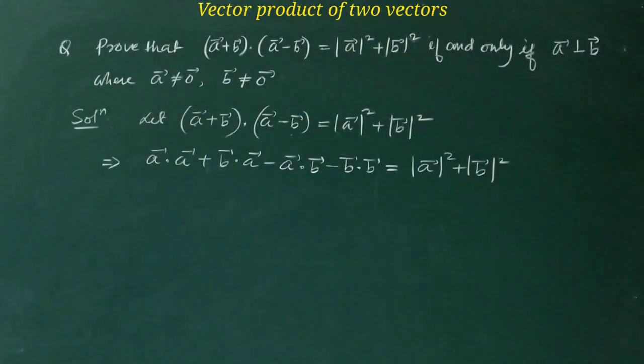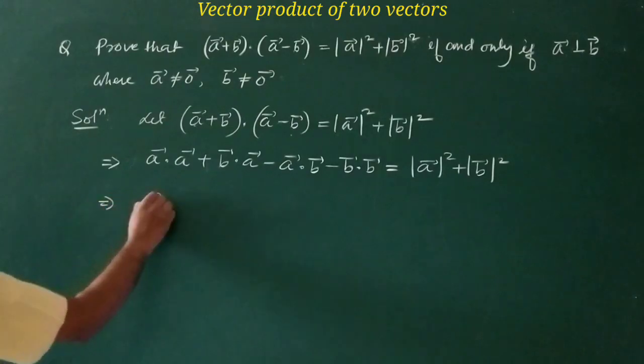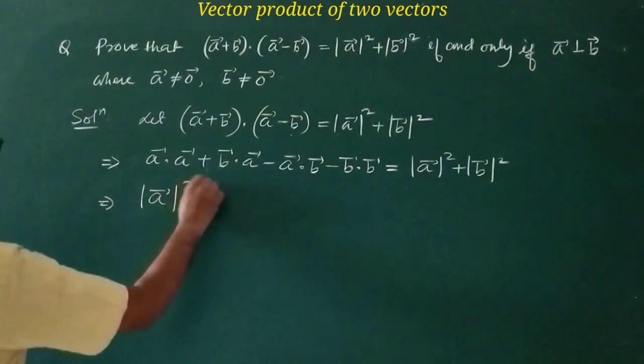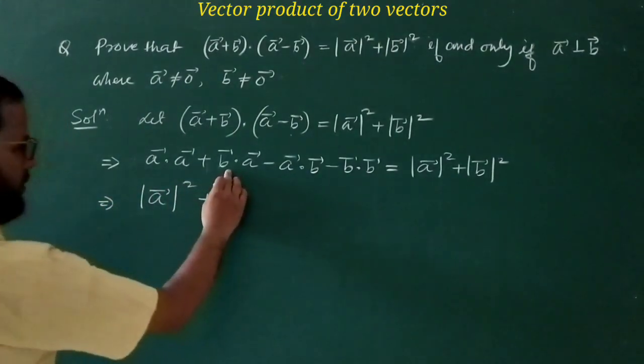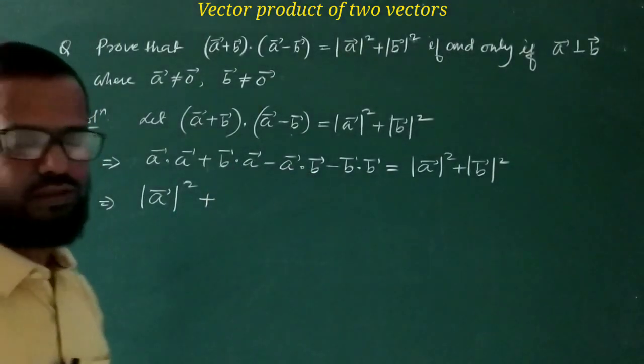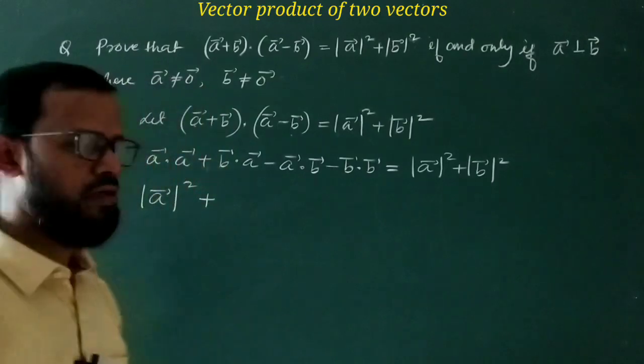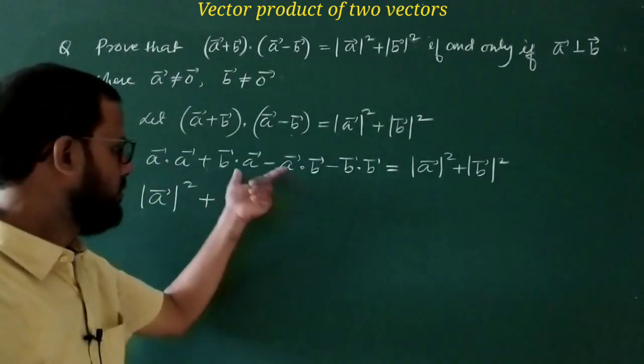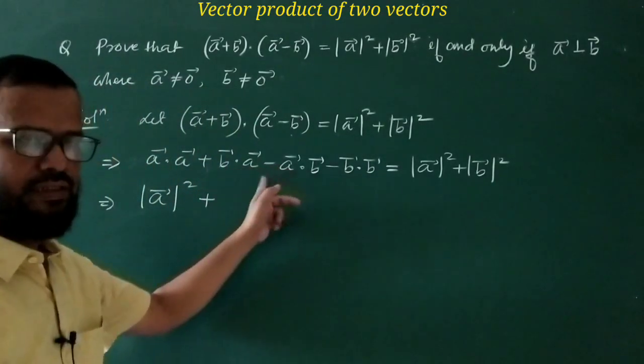Okay. Then you take left hand side as magnitude of A whole square. A dot B and B dot A, both are what? Same, because dot product is commutative. Dot product of two vectors is commutative. So both the quantities are same, so you can cancel it.